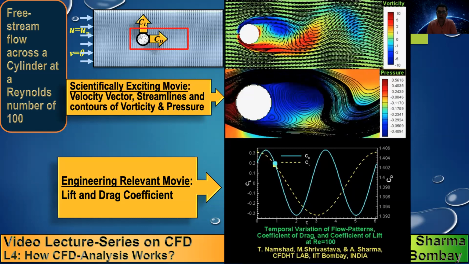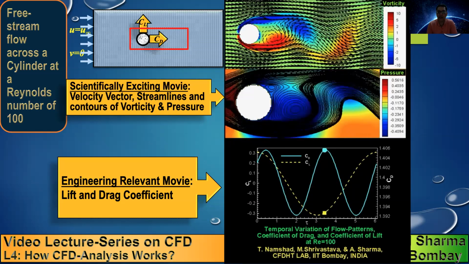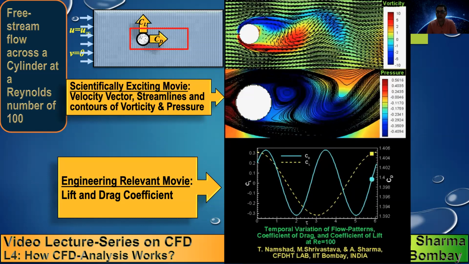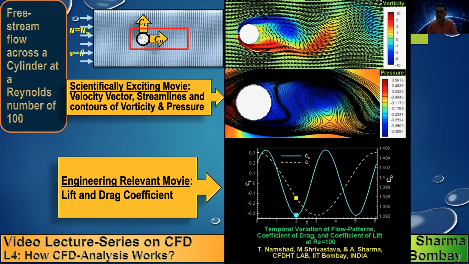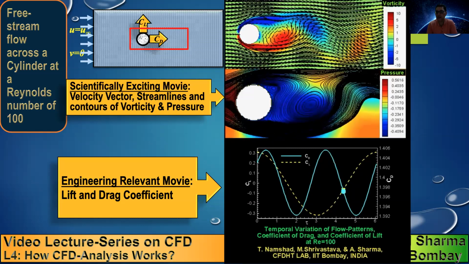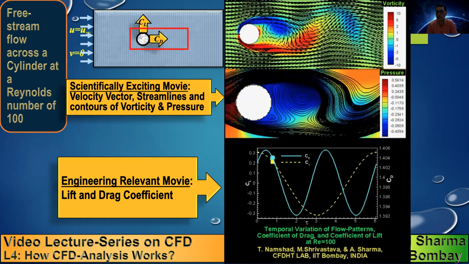Note that on the front half of the cylinder, you can see that the color is red, and the red color corresponds to a pressure of, let us say, 0.56. And on the rear side of the cylinder, you can see that the color corresponds to blue. Blue corresponds to minus 0.4.